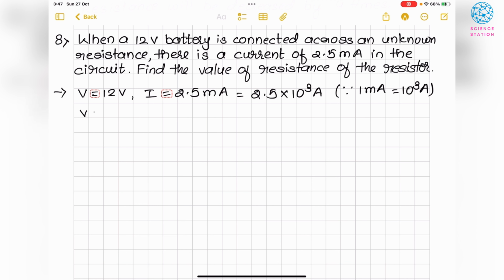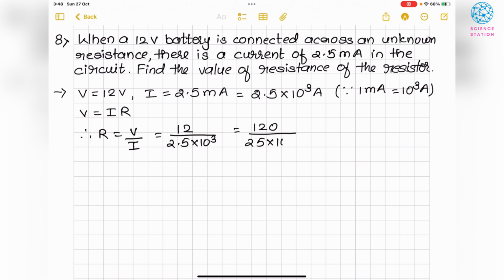So now we know that the formula is V equal to IR. So therefore R will be equal to V by I. So putting the values, I will have 12 upon 2.5 into 10 raised to minus 3. So if I remove point from the denominator, it will become 120 upon 25 into 10 raised to minus 3.